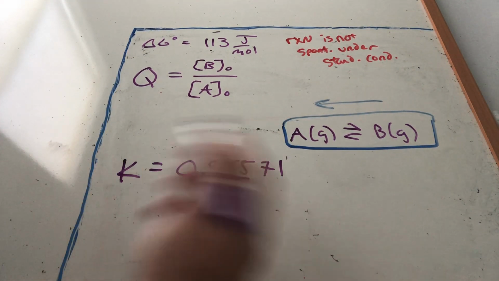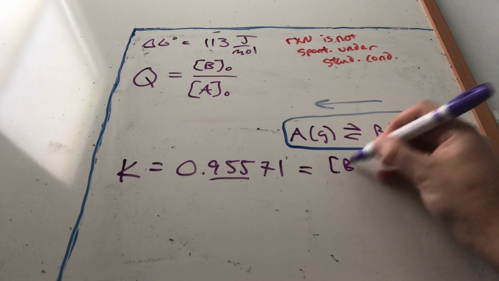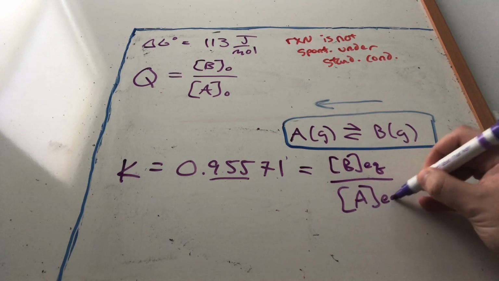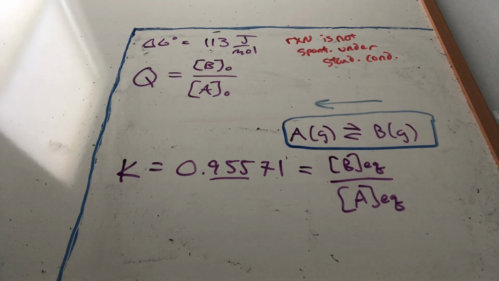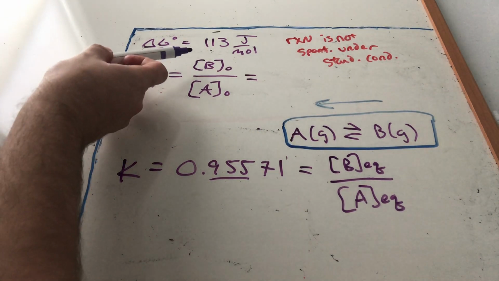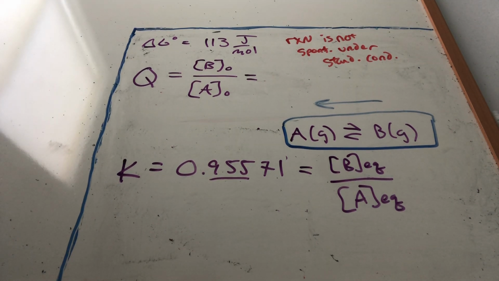We can build a Q and a K expression, right? K, this is your concentration of B at equilibrium and your concentration of A at equilibrium. We can make pressure arguments. Remember, there's a relationship between Kp and Kc. It's the same idea here, though. Hold on a second. Under standard conditions, you know that this concentration is 1 molar.